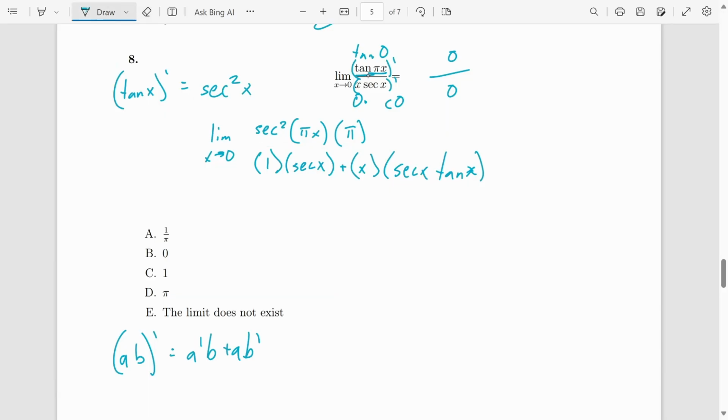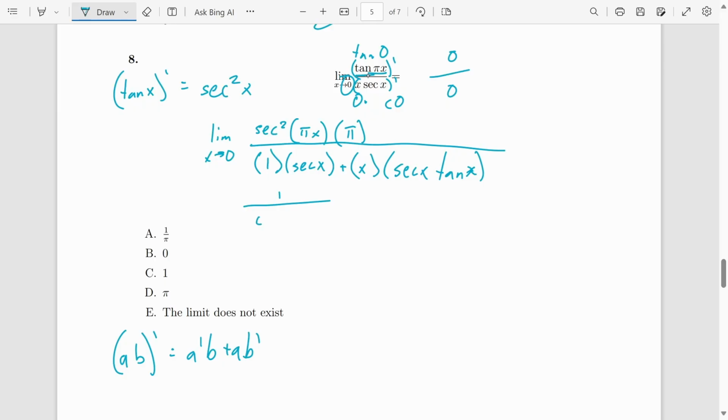So we now have our derivative, and plugging in 0 for all these x's should give us a valid answer. So let's try that. Secant squared is the same. I'm going to rewrite all of these secants as 1 over cosine. I do not like secants at all. I just like my sine, cos, and tan. That's all I can really work with.